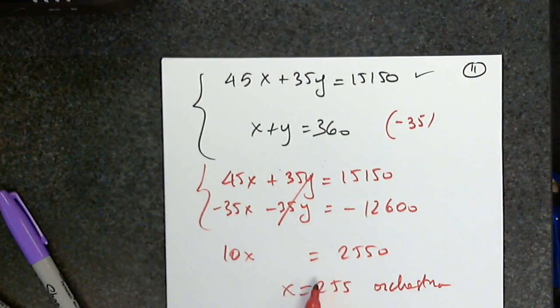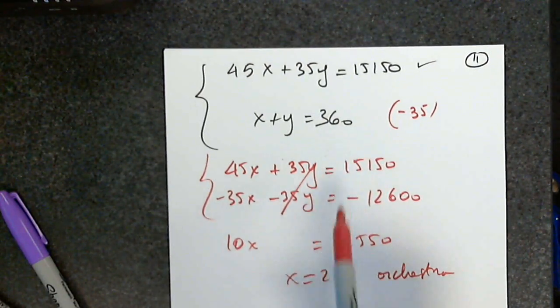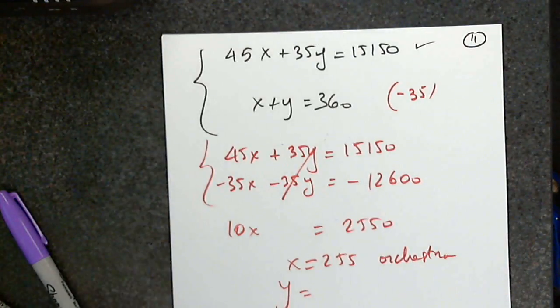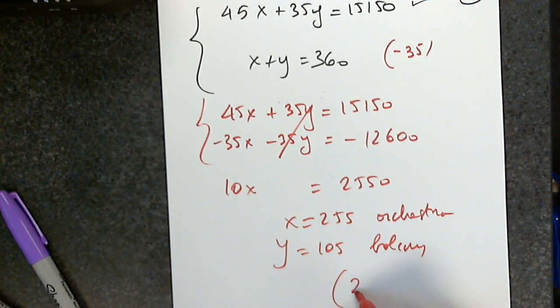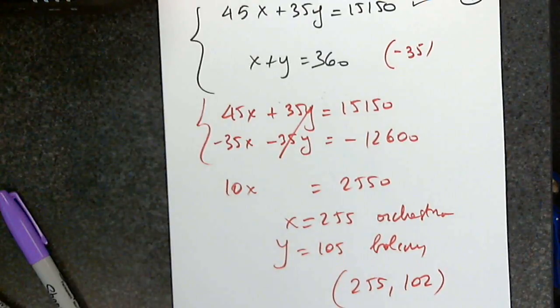So if I know that x plus y is 360, then y must be 360 minus 255, right? What do we get? That's it. So I claim that the system has this solution. And you should not believe me.